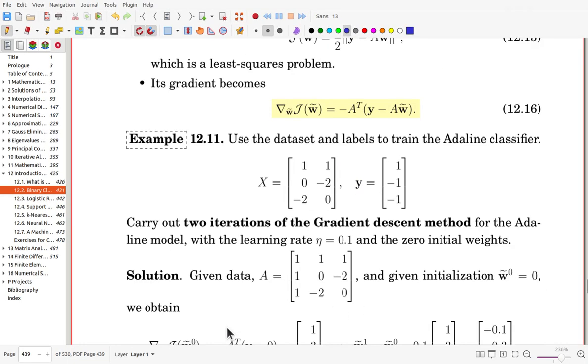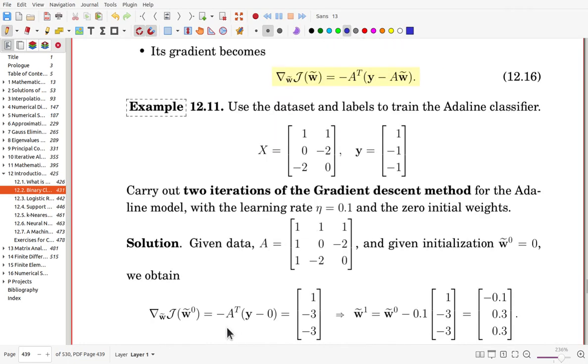Okay, let's see this example. Now the data set and labels are given in this way, and we try to use this data set to train the Adaline classifier. It's a simple toy problem. The points are (1,1), (0,-2) and (-2,0). The point (1,1) is for class 1, the other two are for class minus 1.